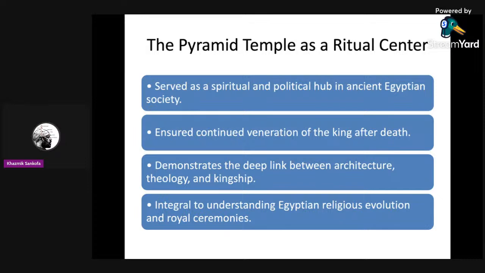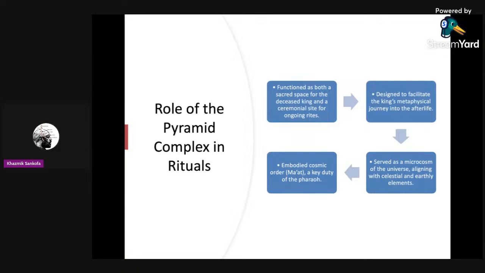When you're reading the pyramid text, it gives you an understanding of Kemetic spiritual beliefs. The temple itself functioned as a sacred space and a ceremonial site, and it was designed to facilitate the king's metaphysical journey.